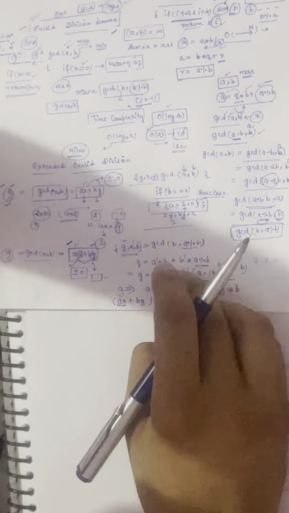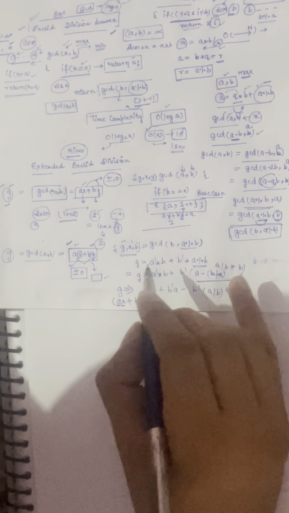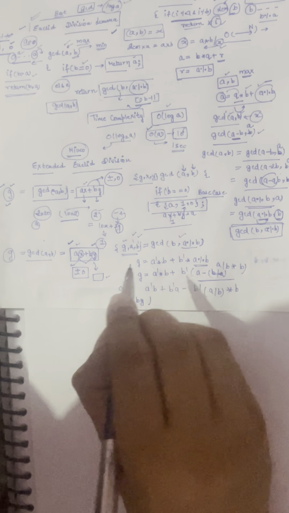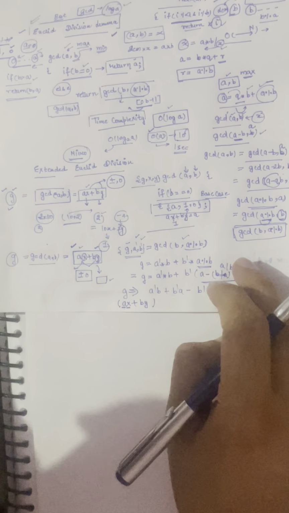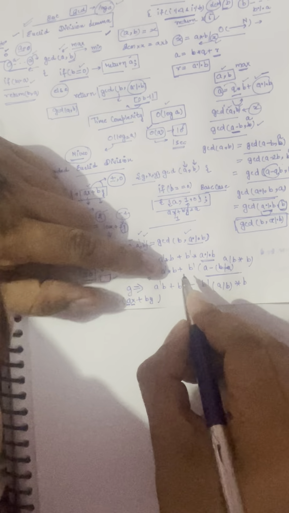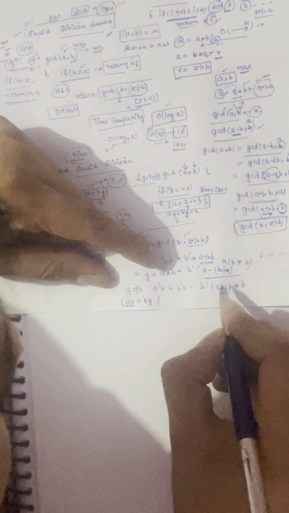So let's check it again. So a dash b, we got a dash and b dash as its coefficient. So we are able to express it as a dash into b and this, and then a dash b plus b dash a minus this.